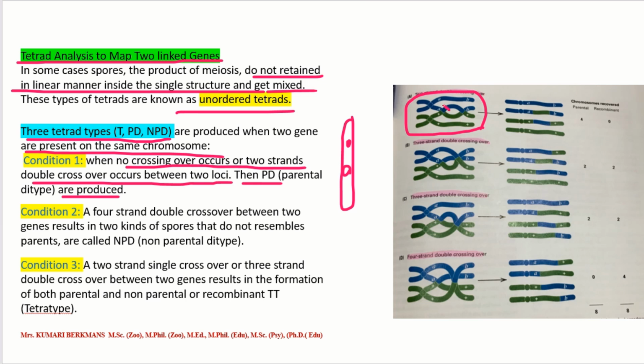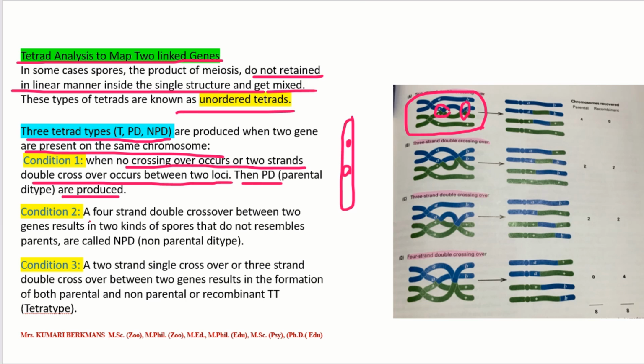You can see this is one locus and this is another locus. There are 2 crossing overs between 2 loci. Then this is called PD, parental ditype. PD are produced, in the sense parental ditypes are produced. You can see here 2 points, the crossing over occurs here.